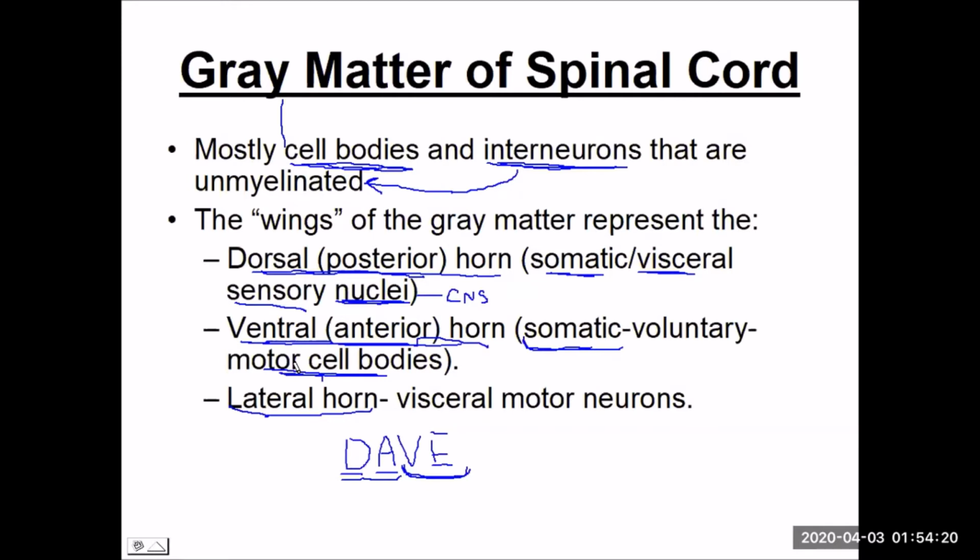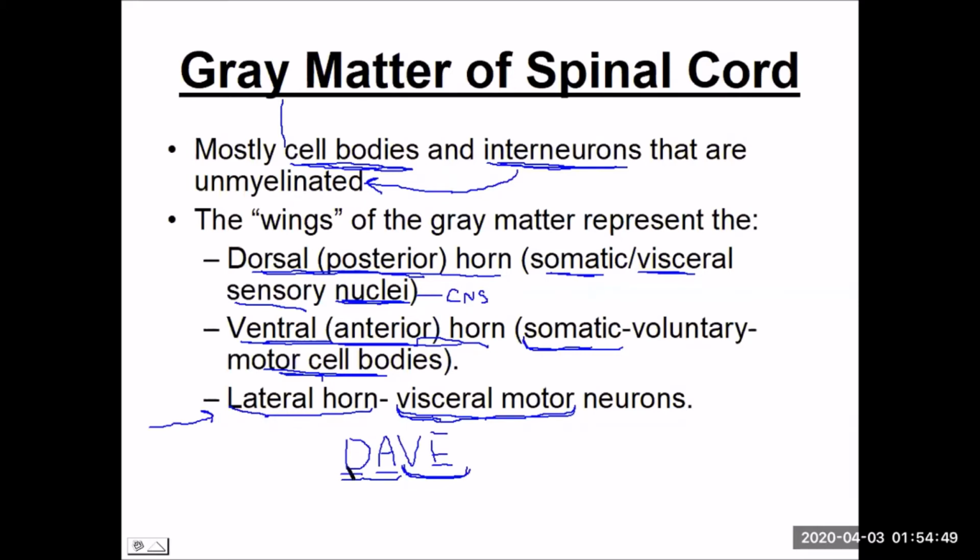So there is now this third horn called the lateral gray horn, and you know it doesn't fit with our nice little DAVE mnemonic. The lateral gray horns, now you notice, they have the cell bodies of the visceral motor neurons. So the visceral motor neurons, the involuntary motor function, those neurons have their cell bodies grouped in the lateral gray horn.